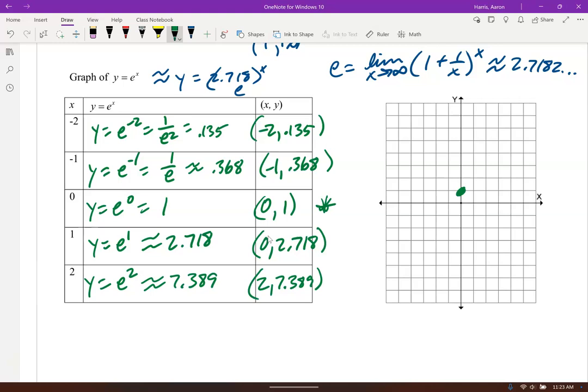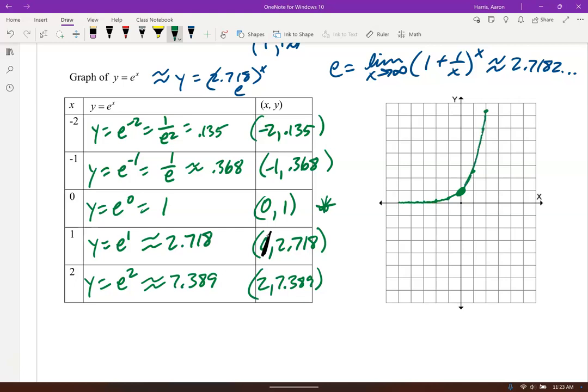And let's graph this one. So I already graphed that y-intercept 0, 1. Let's go -1, comma 0.368, so about right there. -2, but now I'm only up 0.135. I could plug in -3, it'd be even lower, so you probably notice it's going to 0 on the left. Let's go to the right now. 1, oops, that's supposed to be a 1 right there. 1, comma 2.718, about right there. 2, comma 7.389, about right there.